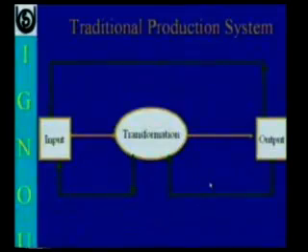Now this is the traditional production system. You have an input, and the input is transformed into the output. The green lines are the information, the feedback received from the output side, while the yellow line is the production flow line or the material flow line.